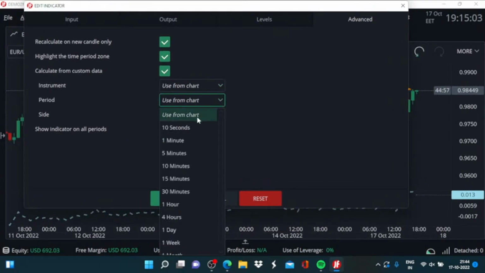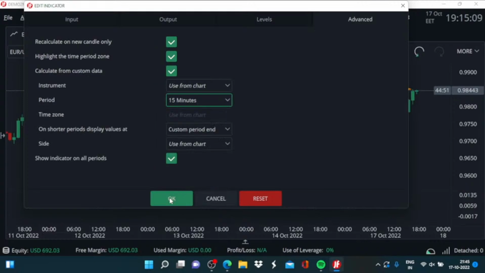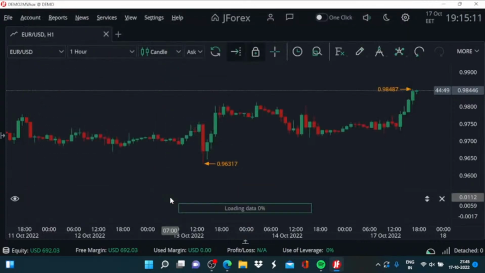Candle period can also be similarly used from the chart, or you can define it separately. Suppose, for example, you want the calculation of the ROCP to be done for 15 minutes as it's each candle period, then you can do that as well, even though the chart's candle period is defined at hourly. Now it is getting recalculation done where each candle period will be defined as of 15 minutes.